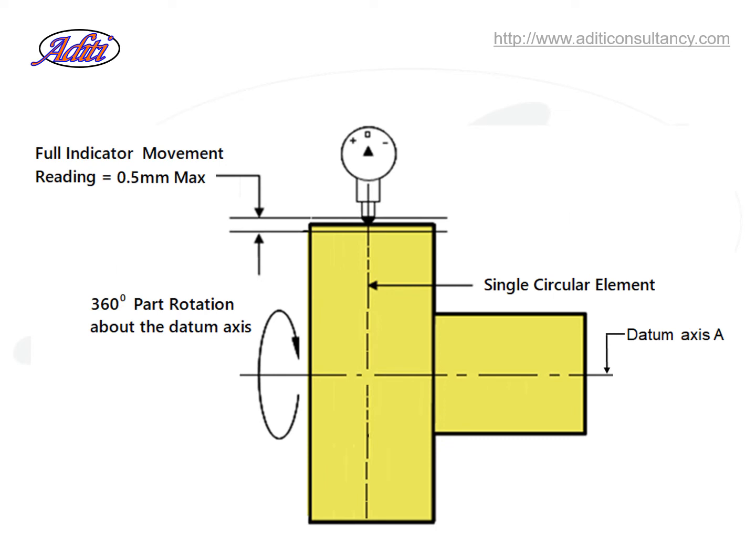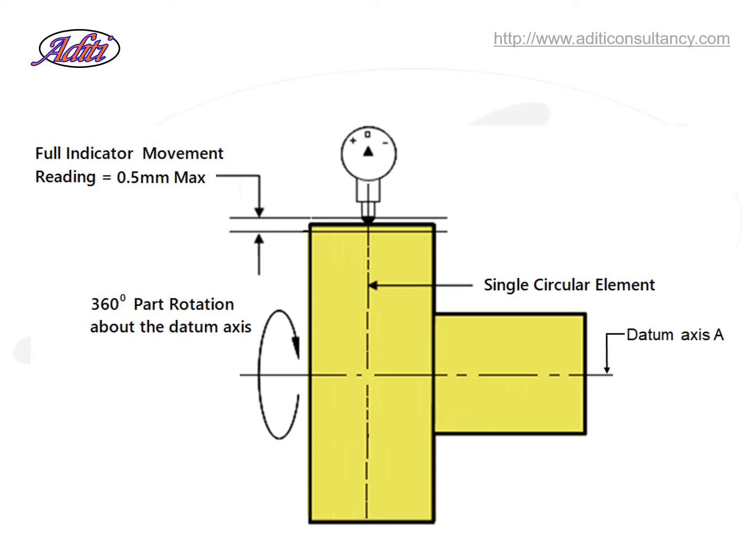This figure shows how circular runout is measured on a part. For measurement purposes, a plane perpendicular to the datum axis and intersecting with the surface of the 100 mm cylindrical feature is considered. The intersection of this plane and the surface of the cylindrical feature is supposed to be a circle.